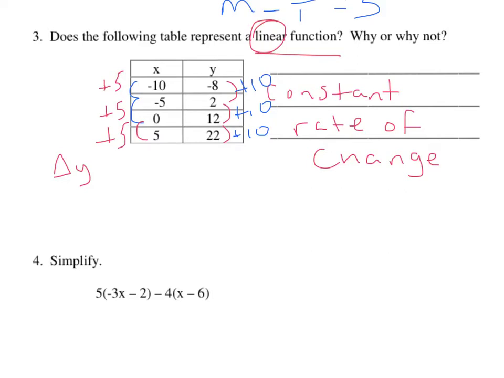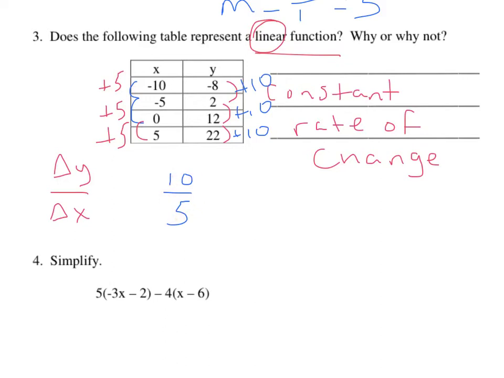So now I'm going to make a fraction out of the changes. So the change between these two on the y was 10, so the change in y was 10. And then we're going to put that over the change in x, which in this case was 5. So from this point to this point, the y went up by 10, the x went up by 5.